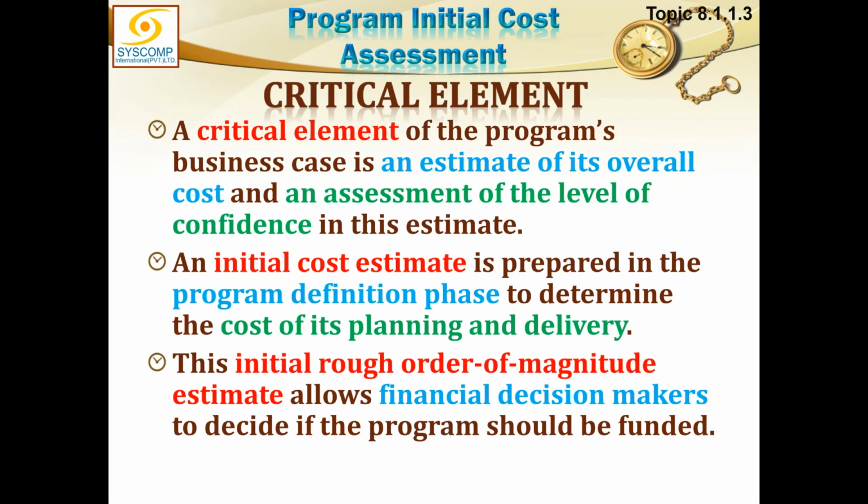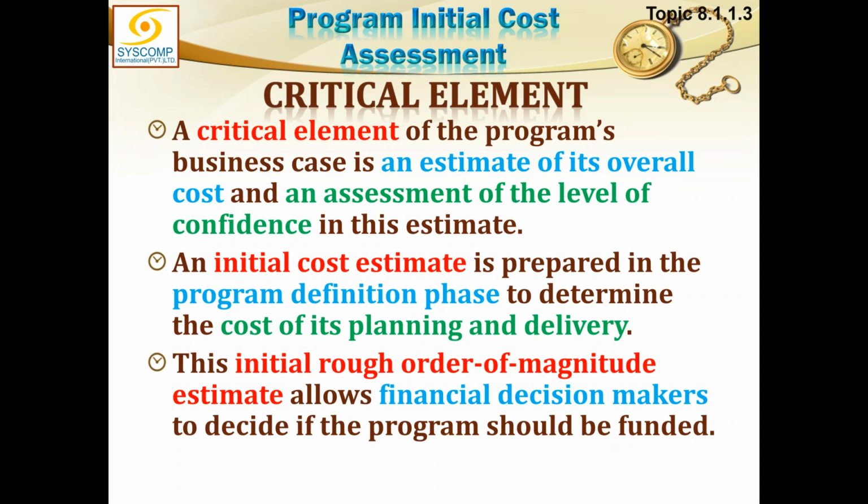A critical element of program business case is an estimate of its overall cost. So the next is cost assessment, an assessment of the level of confidence in this estimate. An initial cost estimate, which can be very broadly created, it may not be very accurate, is prepared in the program definition phase to determine the cost of its planning and delivery.